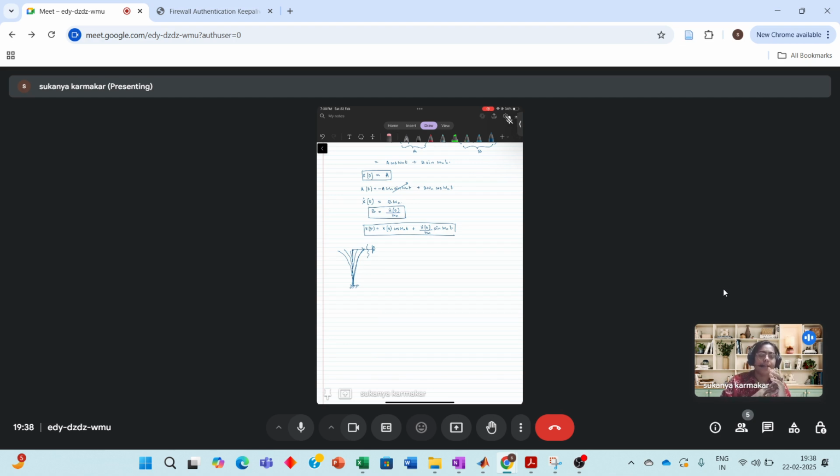Then let's say you have a concrete beam kind of thing. While moving, cracks can form. When concrete comes in tension, cracking will happen. Because of the crack formation, energy can be lost, and that is also a source of damping.